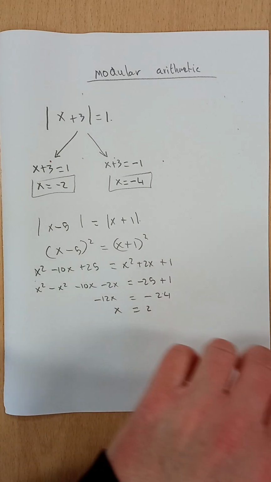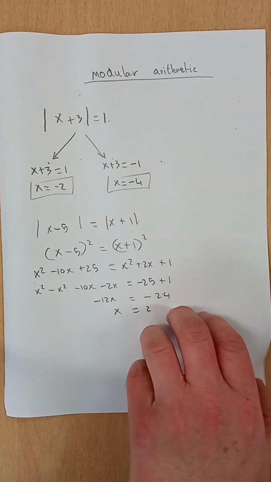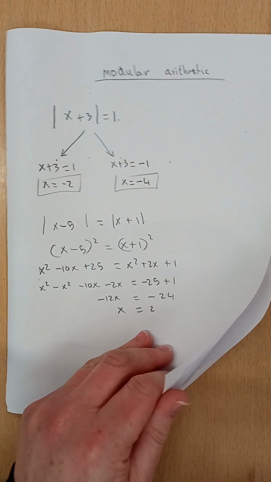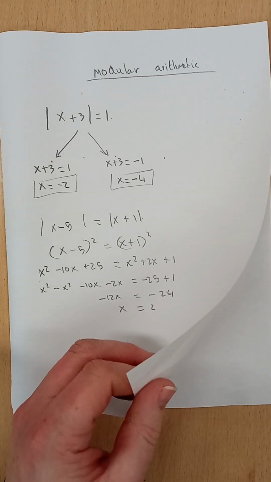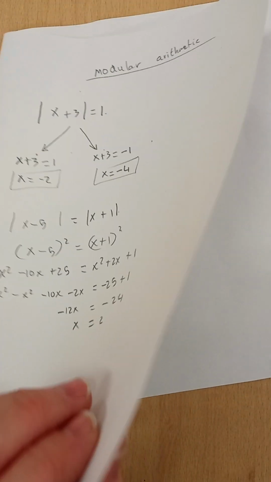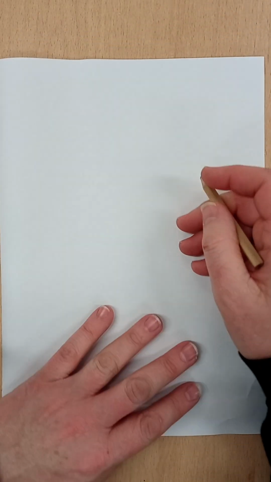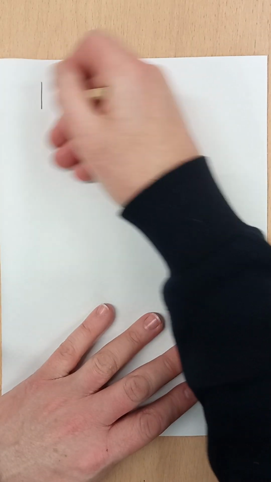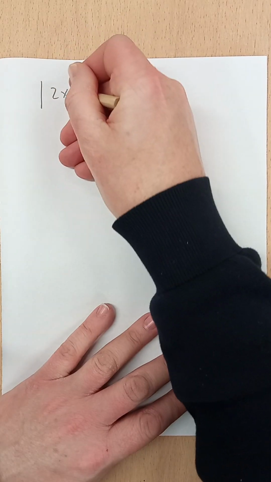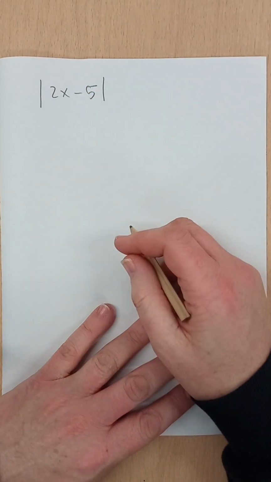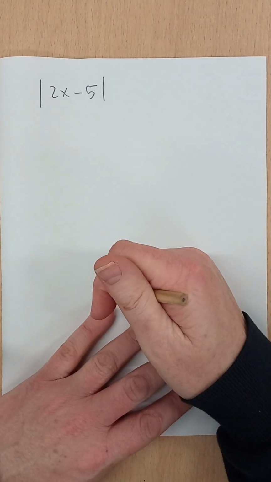Now, let's see what happens when you draw these things. Drawing these things is a lot more fun. So I'm going to draw this one for you: the absolute value of 2x minus 5. How would I draw this?